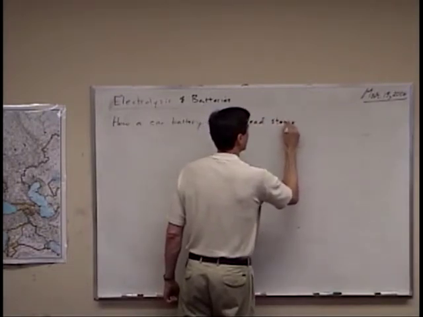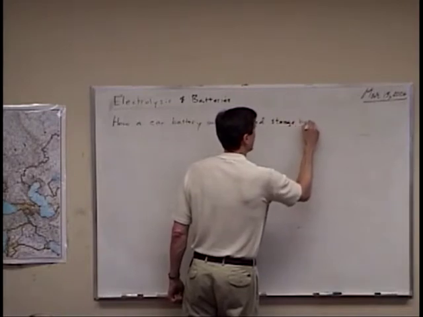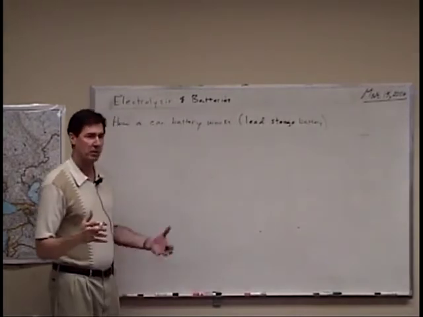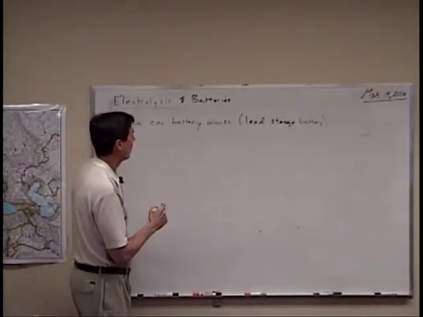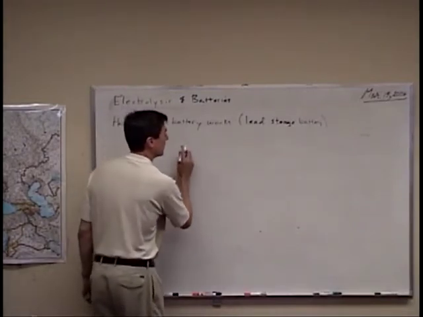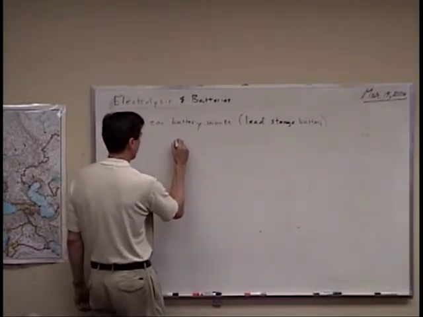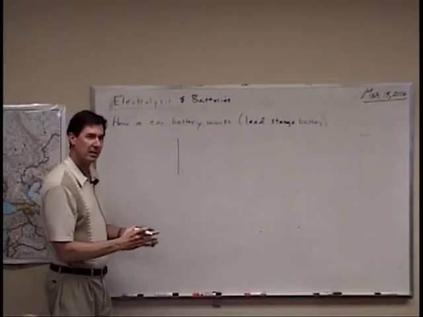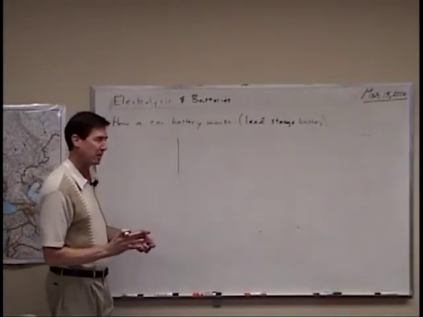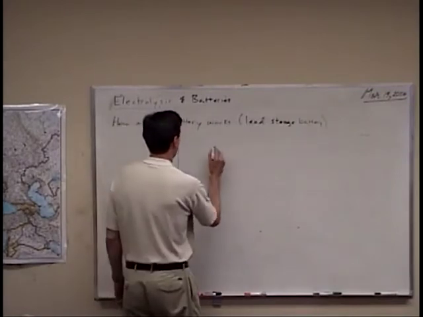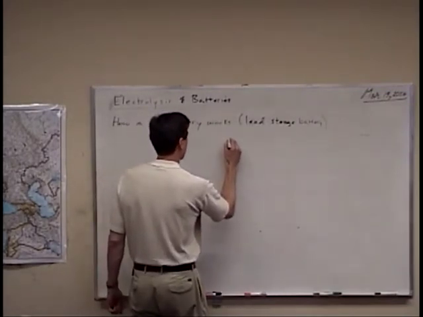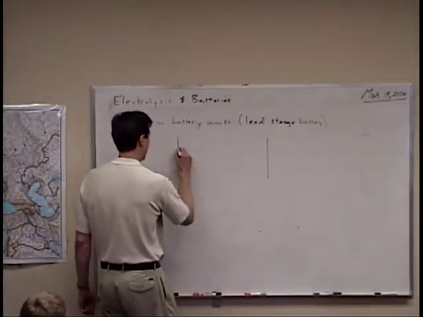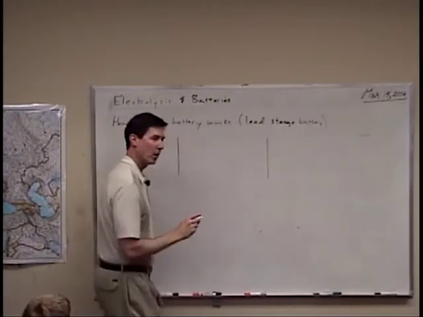The reason car batteries are so heavy is because they've got a bunch of lead in them. I'm not going to try to draw the way the electrodes are actually arranged in the battery, but I'll just draw one cell, and let me just draw the electrodes as two flat plates here.